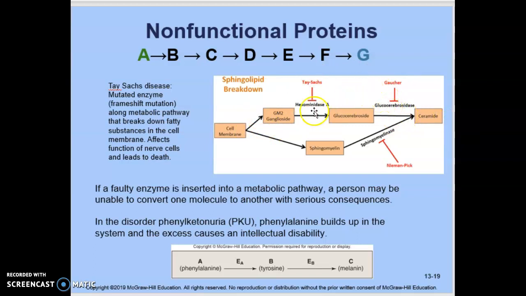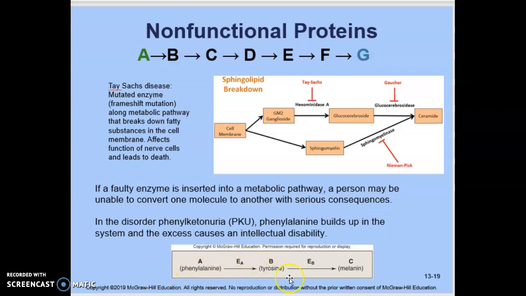There's actually a lot of research in this field looking at how metabolic pathways work and how different diseases are caused by problems within these metabolic pathways. Another example is a disorder called PKU. This is where phenylalanine actually builds up in the system, and it can cause an intellectual disability. How phenylalanine builds up is we have a problem with this enzyme right here.